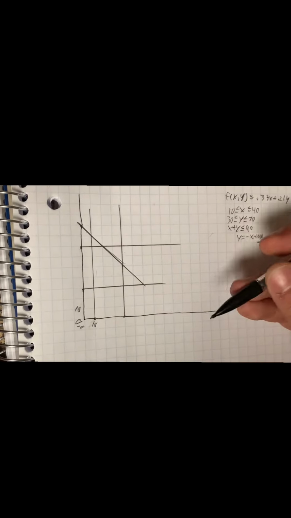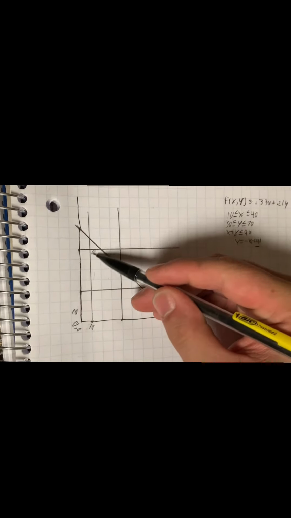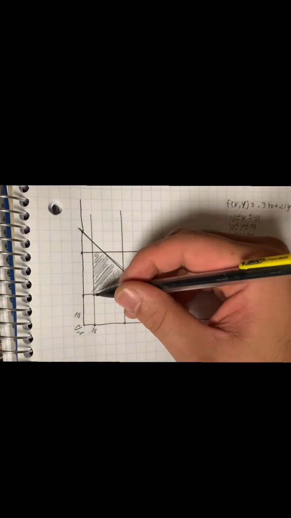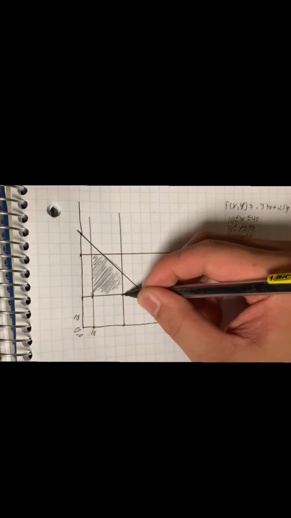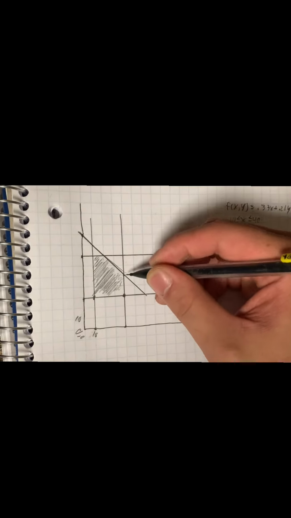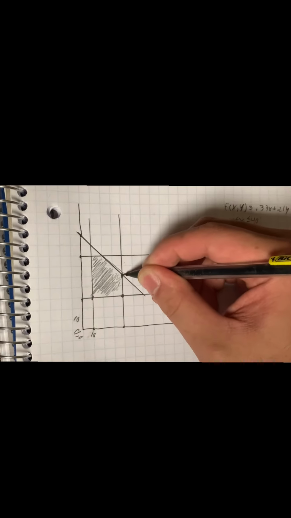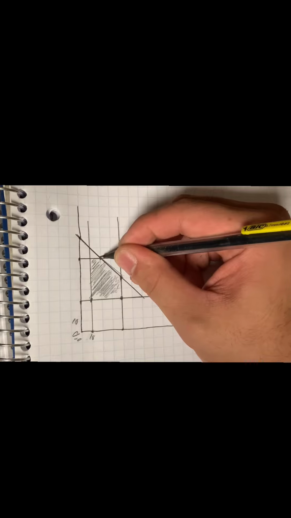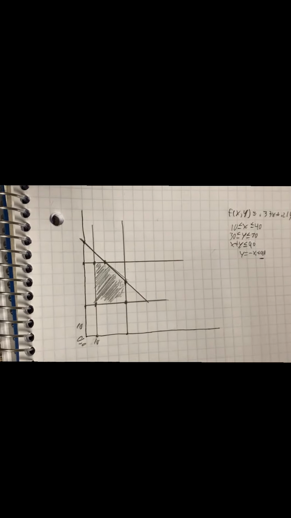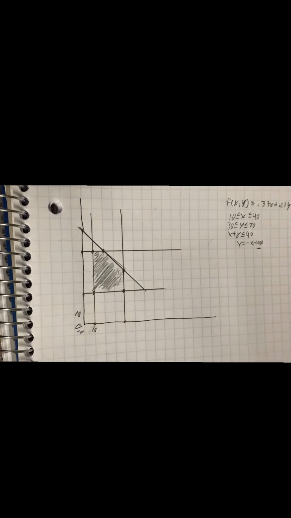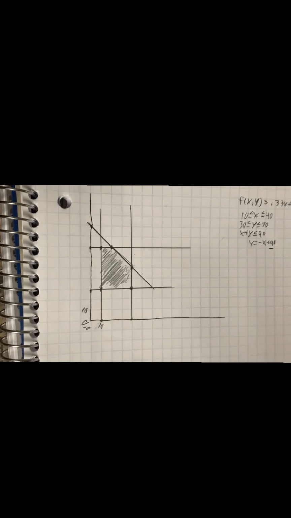Our shaded region will be inside this box here, and our vertices will be at points 10, 30; 40, 30; 40, 50; 20, 70; and 10, 70. Now we need to find out what our maximum profit is going to be.